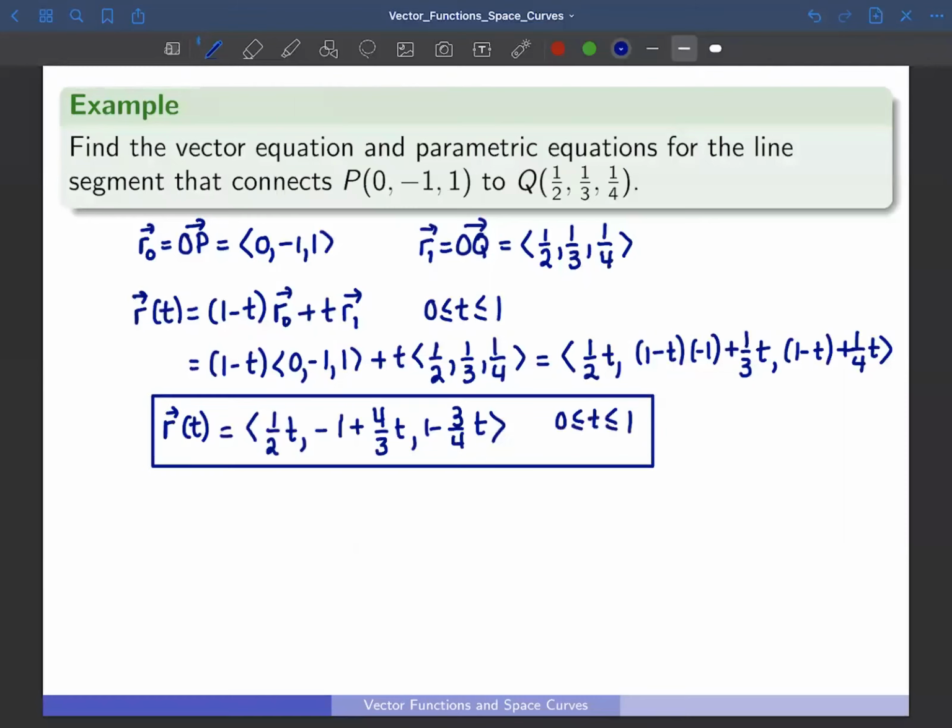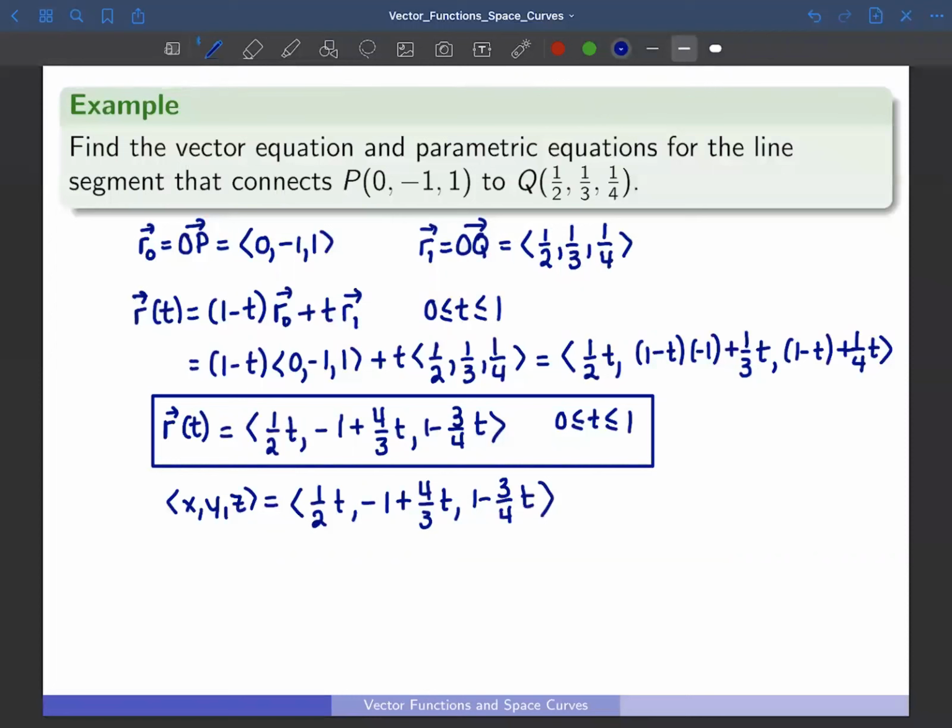Let's now find the parametric equations for the line segment. If we express the vector equation by the components x, y, z, we have 1/2 t, -1 plus 4/3 t, 1 minus 3/4 t.